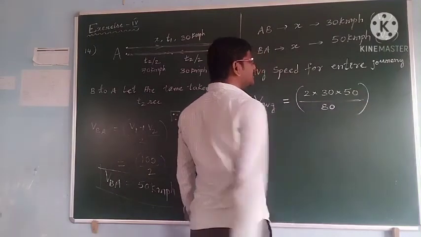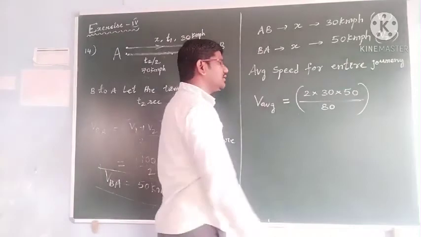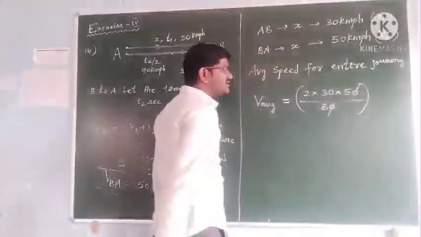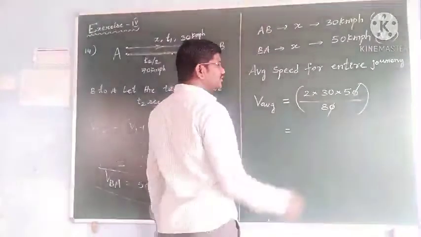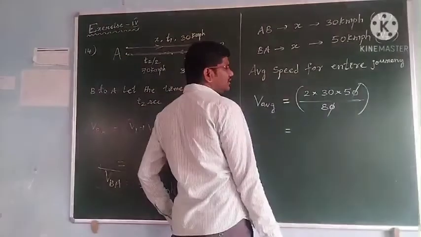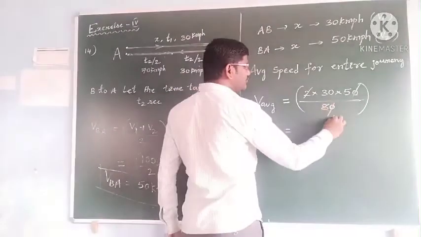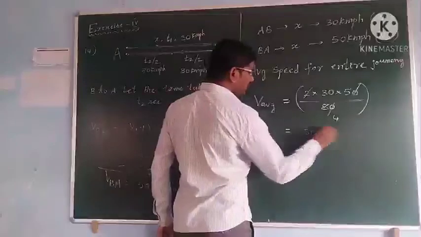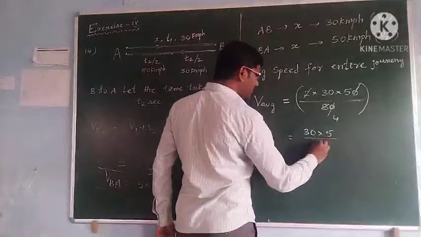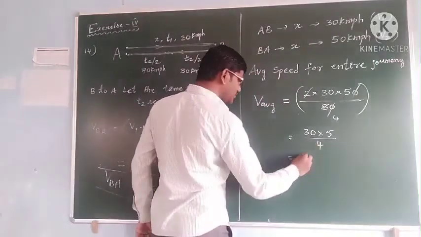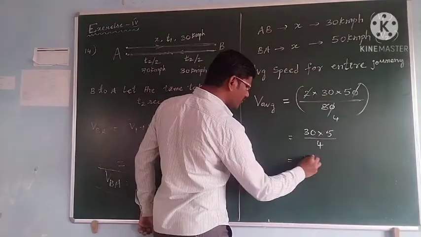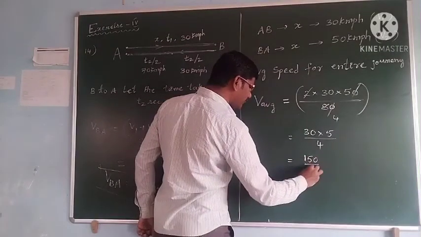Okay students, then this 0 gets cancelled, and it will be cancelled with 2 4s. So what is left? 30 into 5 by 4. So then you have 150 by 4.